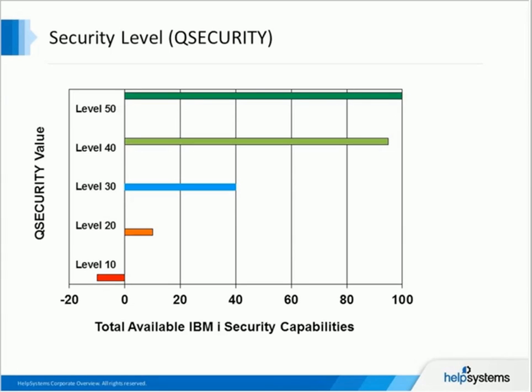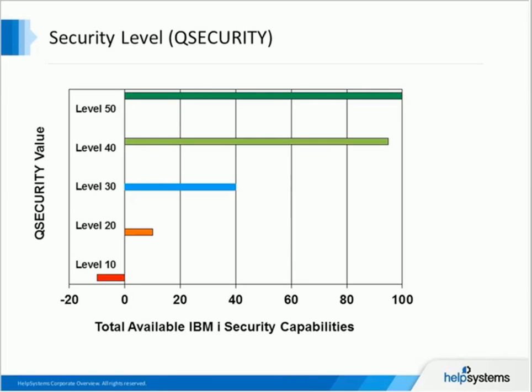The problem with level 20 is that when you sign on, by default, you have all special authorities. Level 30, when you create a user profile, it no longer has all special authorities.